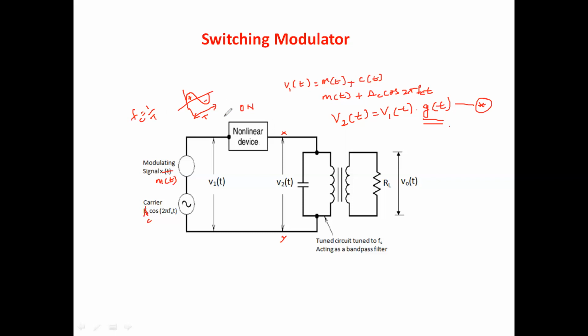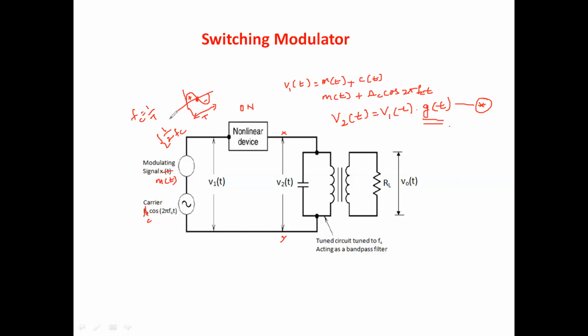During the negative half cycle, the diode will be reverse biased. That means the diode will be functioning only for half a cycle, from 0 to T by 2, that is for 1 by 2 fc. So we will be getting the output for 1 by 2 fc.